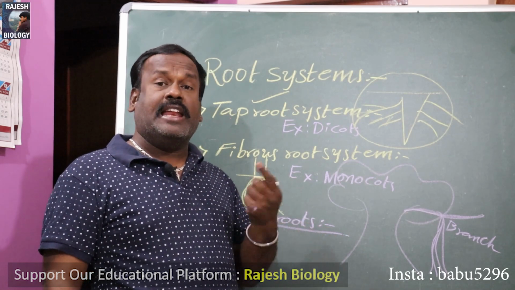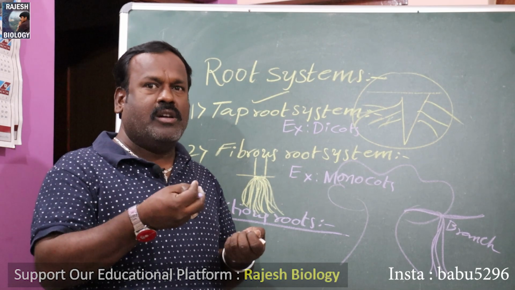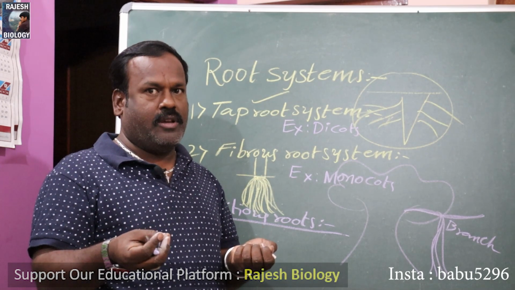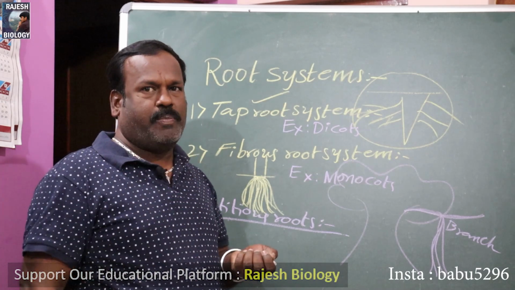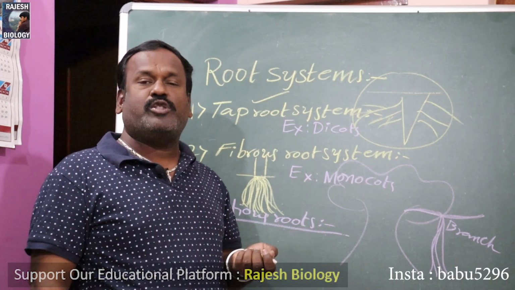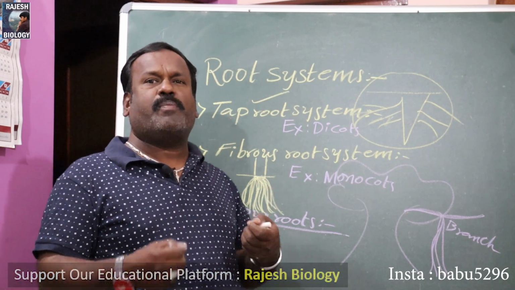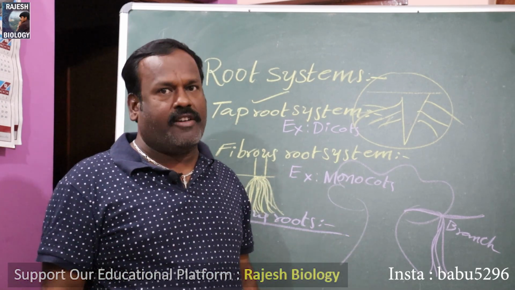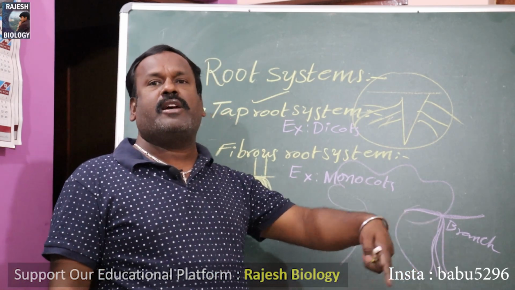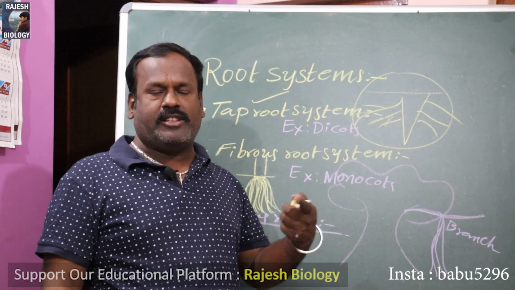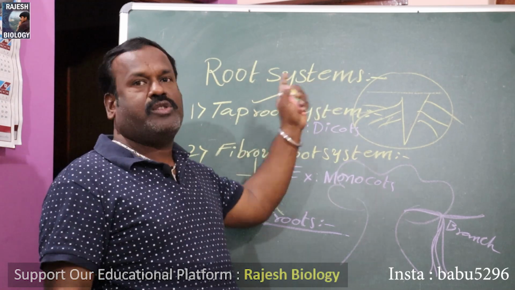Sometimes the leaf does, as in Bryophyllum, which has small buds on the leaf called epiphyllous buds. Those epiphyllous buds also produce roots, and those are also called adventitious roots. In the banyan tree, these roots are called prop roots or pillar roots. We will discuss them in root modifications. Okay, is it clear? This is root systems.